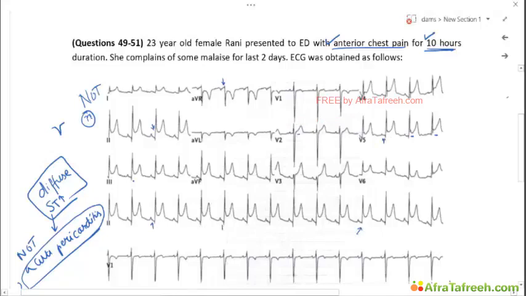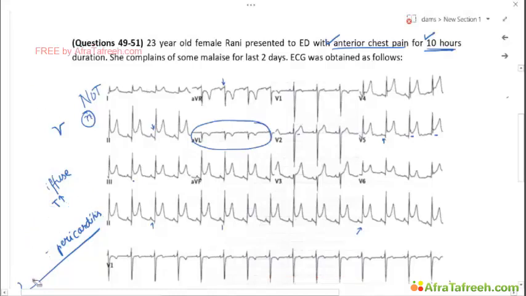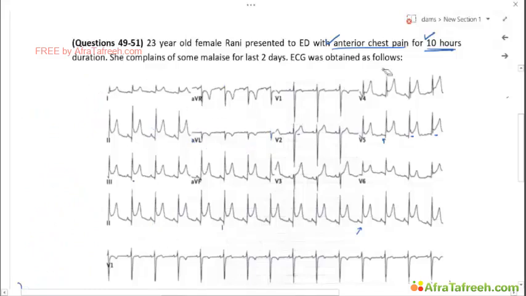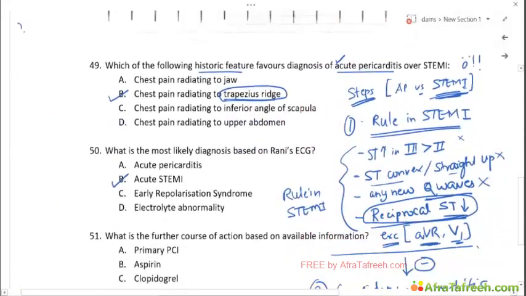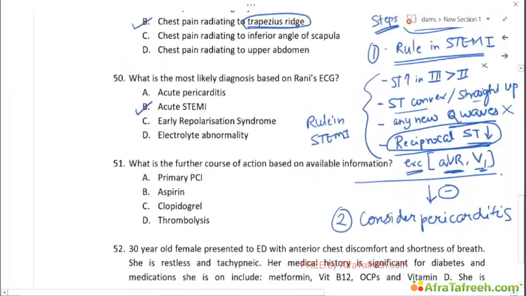So we may directly call this an acute pericarditis without even looking at some of the leads. And if we miss this, we are going to make a wrong diagnosis. So it's very important to go step by step in patients with diffuse ST elevation when we have these two as differential diagnoses.